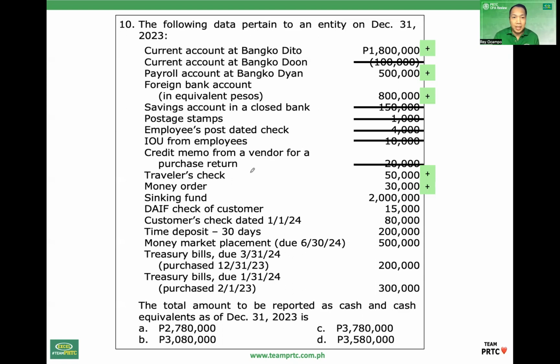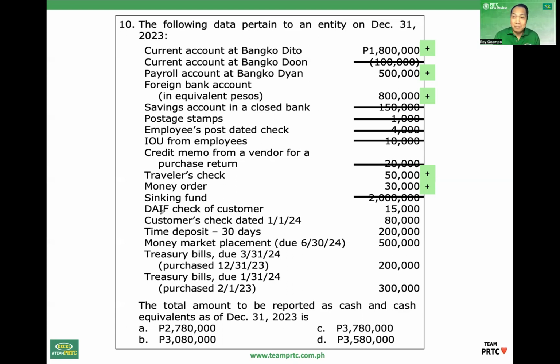Sinking fund. That is for payment of a non-current liability, usually bonds payable. Exclude. It is reported as non-current investment. Daif check of customer. What is daif? Drawn against insufficient funds. That's the Philippine banking term. The American term is NSF.